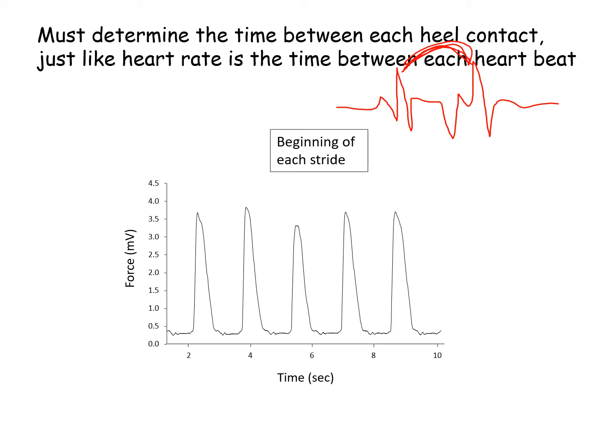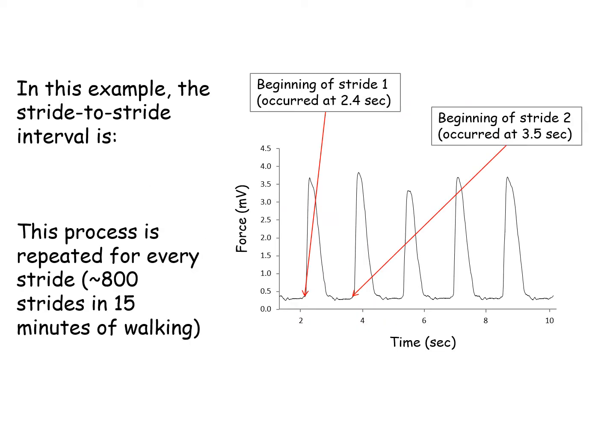We can look at something similar when we're looking at the time between each heel strike. So we have 1, 2, 3, 4, 5. These are our 5 different heel strikes. So in this example, the stride to stride interval is, this is the first one here, this is the second one here. The first one occurred at roughly 2.4 seconds. The second one is 3.5 seconds.